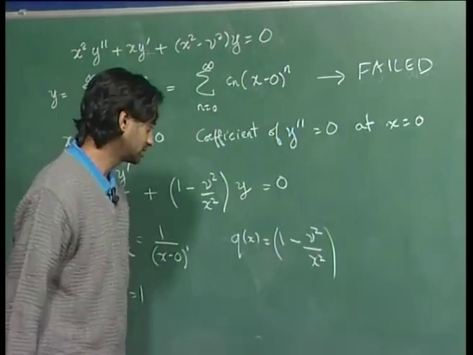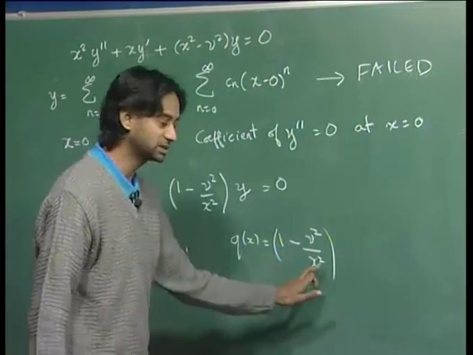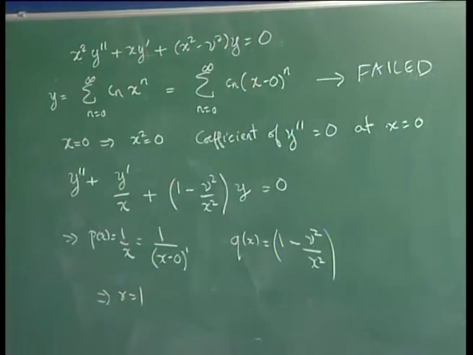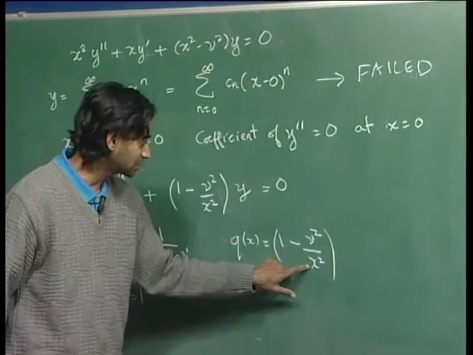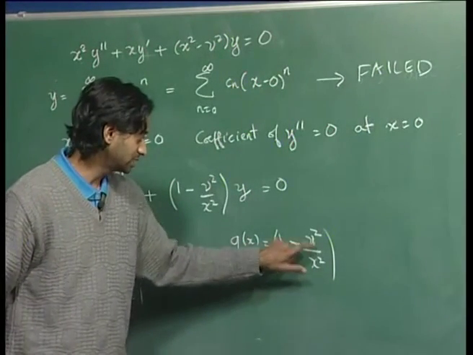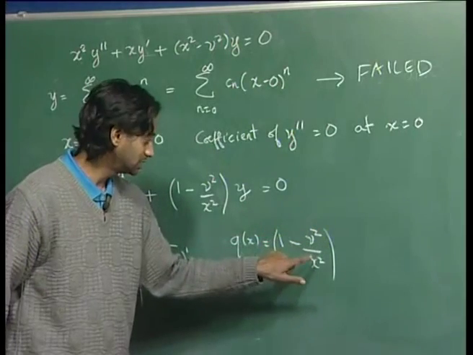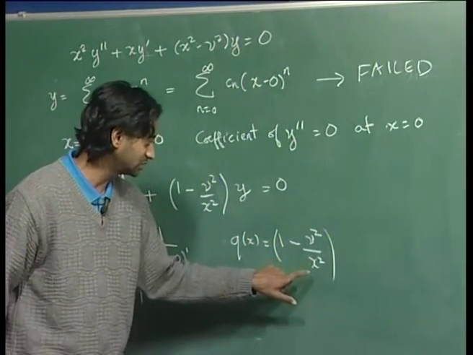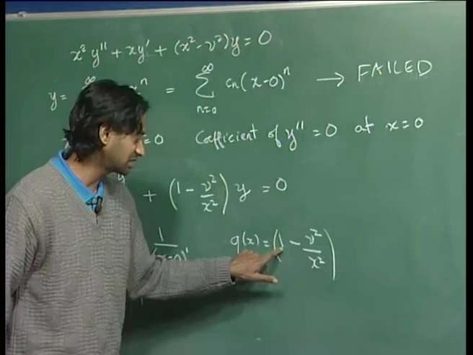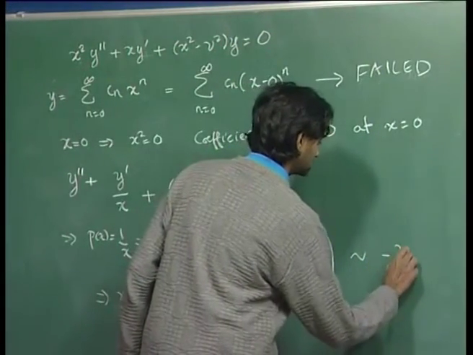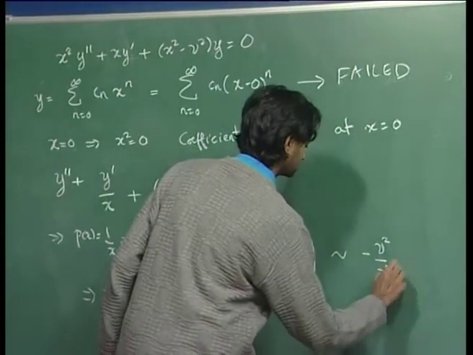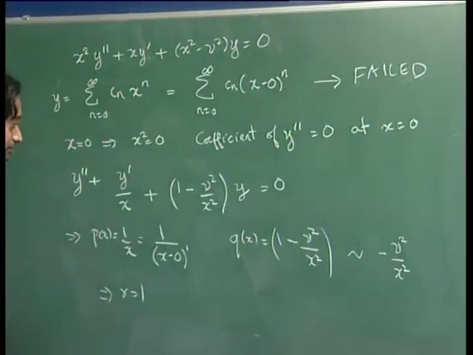What about q? How do we write this in terms of this expression? We have to look at what happens when x tends to 0. When x goes very close to 0, this term becomes very large compared to the other. So q goes as minus mu squared over x squared as x tends to 0.